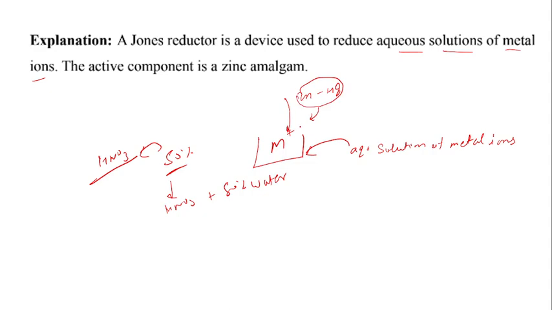It will give 2 electrons to this system, so this M+ will be converted to metal. It is reducing from this to this. This is the reduction reaction, and that's why it is known as a Jones reduction.